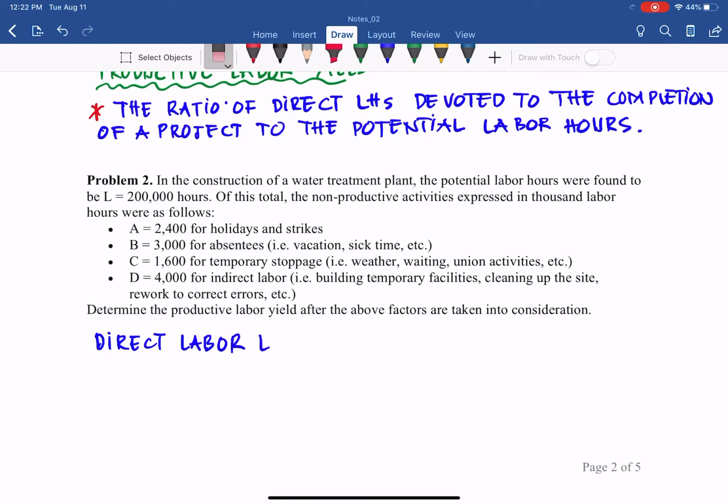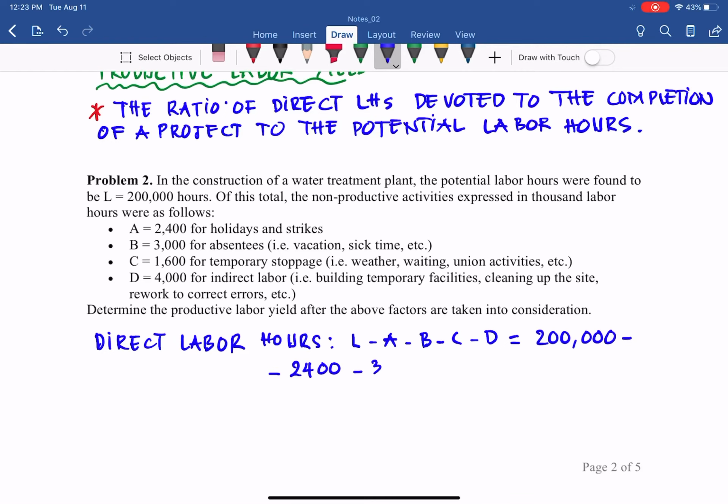In that case, direct labor hours will be L minus A minus B minus C minus D. So we have 200,000 minus the non-productive hours, and from that we have the direct hours devoted to complete this work, which is 189,000 labor hours.